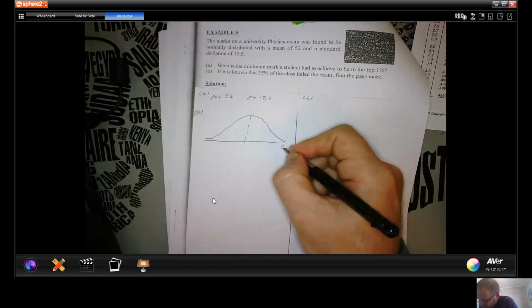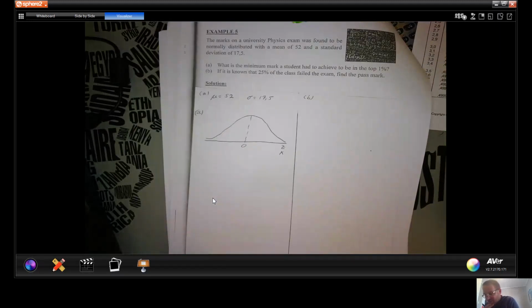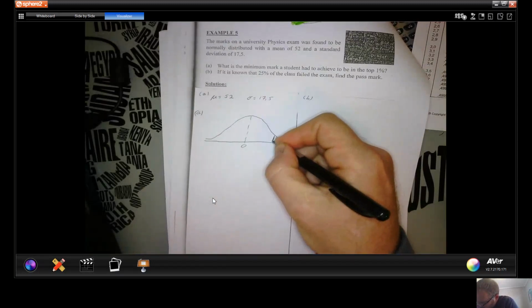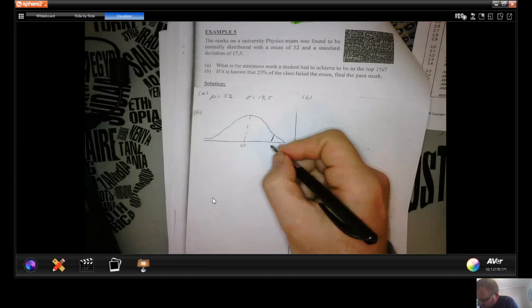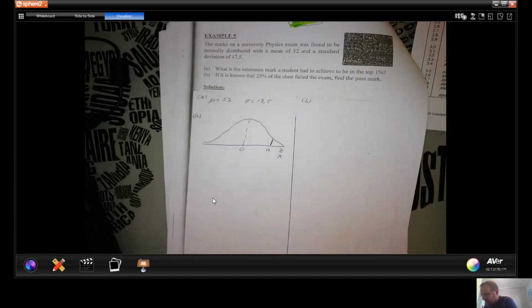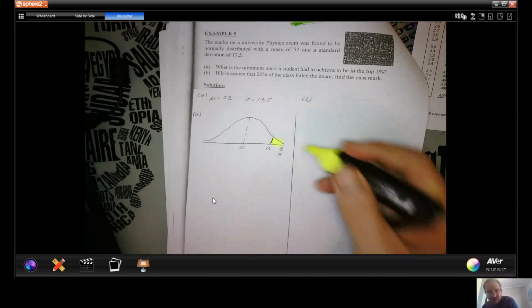Right, I'm going to start with Z here and work with X underneath in this case. Okay, so Z is naught over there. And the top 1% means the probability of it being bigger than that specific Z score, let's call it A. The probability that it's in the top 1% is that area over there.